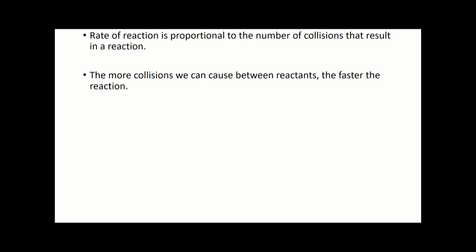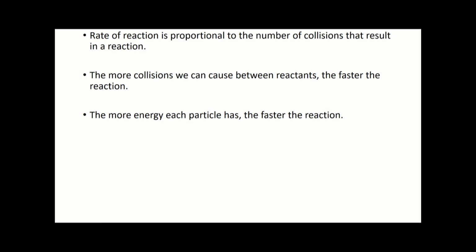So if we can cause more collisions between reactants in the same set of time, we will get a faster reaction. If we can give each particle more energy so that it can get over that energy barrier, the initial energy that it needs to react, we can get a faster reaction.